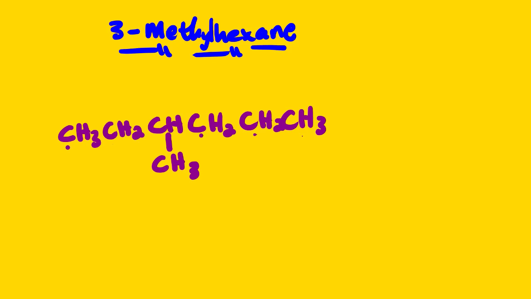We can see that this will definitely be our tetrahedral center. It has 4 different groups: this group is not the same as this, so it's 1, 2, and then 3 with this hydrogen, and then 4 with this methyl.